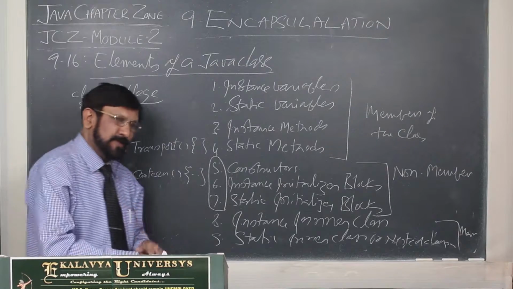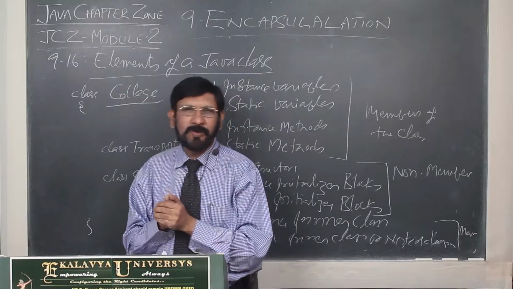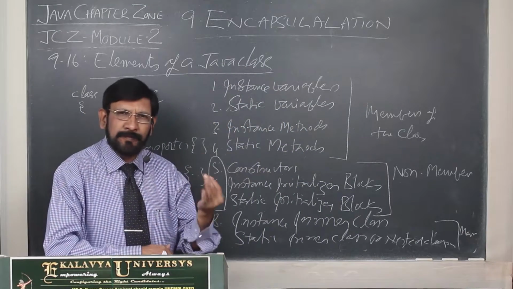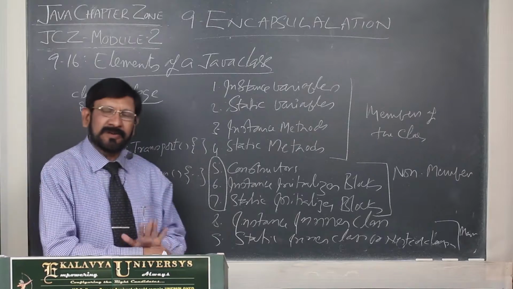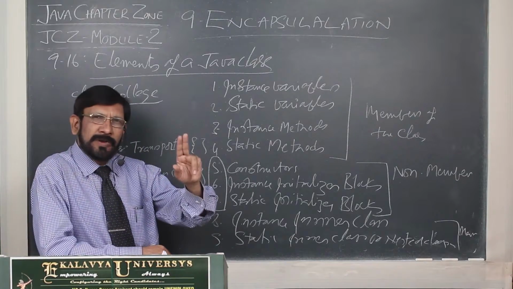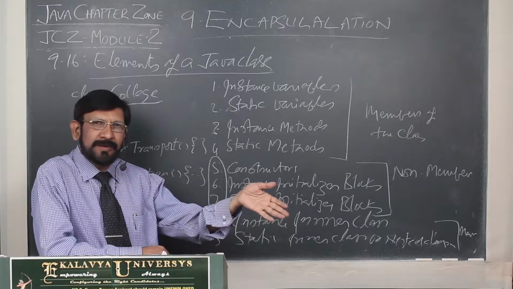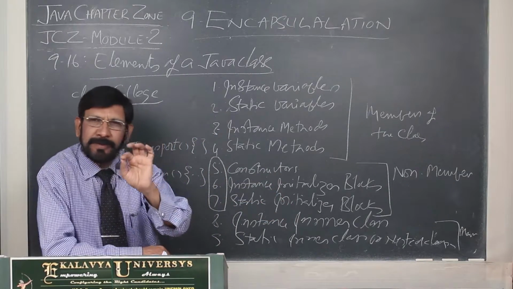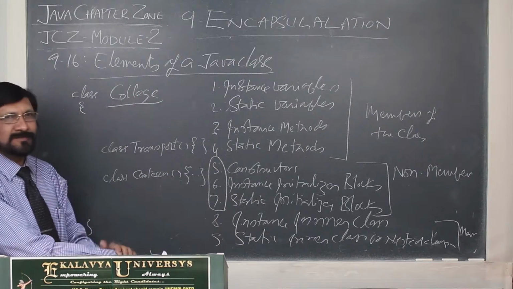Actually, one point I have to tell you. Already I briefed about access control modifiers: public, private, protected, default. As far as a top level class is concerned, only two modifiers are applied: one is public, otherwise not writing anything. That means private and protected are not applicable to a top level class.